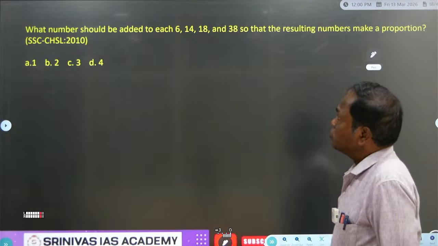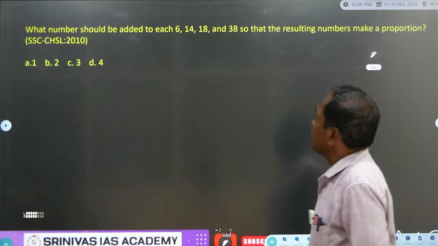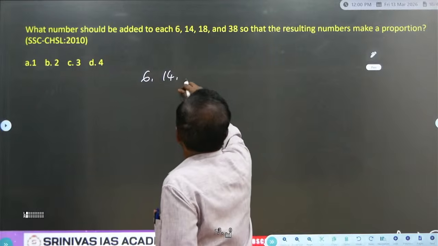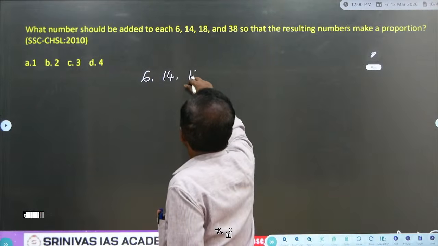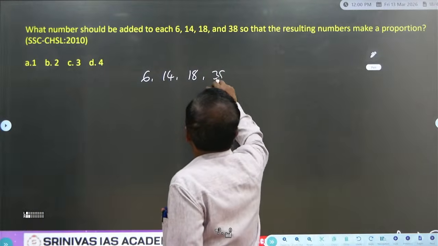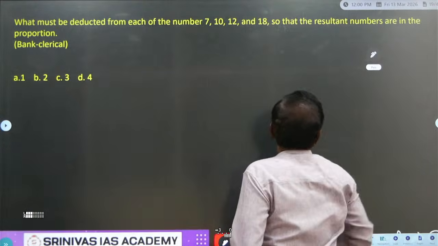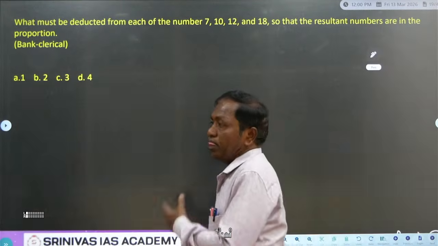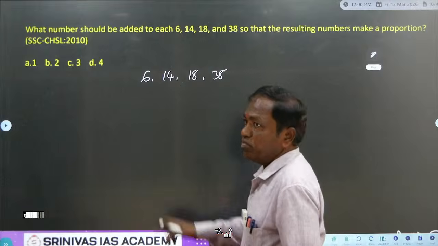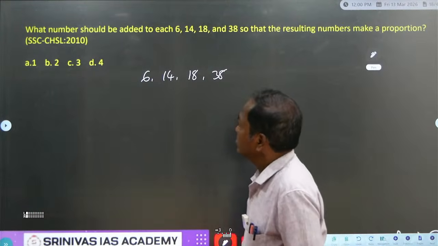Now, what number should be added to each of 6, 14, 18 and 38 so that the resulting numbers make a proportion?